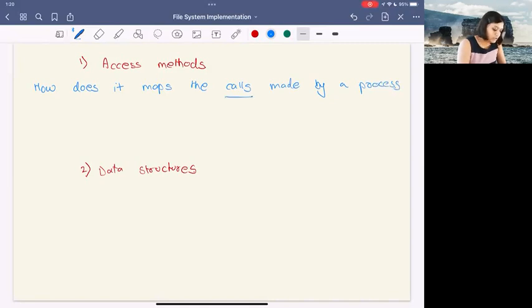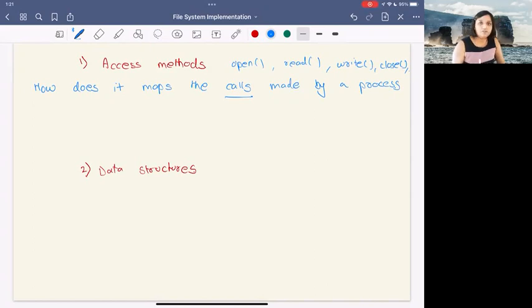These calls are calls such as open, read, write, close, and could be a few more. So how do we map these calls made by the process? Map to what? Where are we mapping, or what are we mapping these calls to? Map these calls to the data, right?